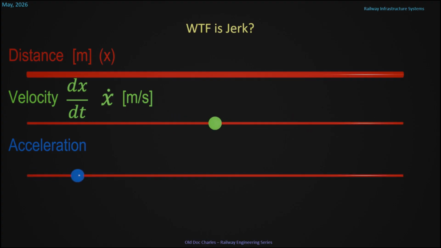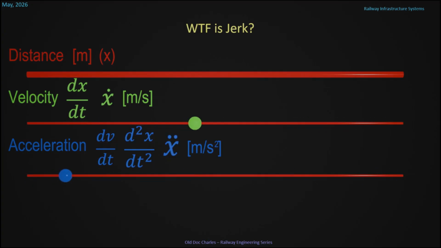Acceleration is how fast the velocity is changing, or more formally, it's the rate of change of velocity with respect to time, written in terms of distance as d2x over dt squared, sometimes simplified as x double dot and measured as meters per second squared.